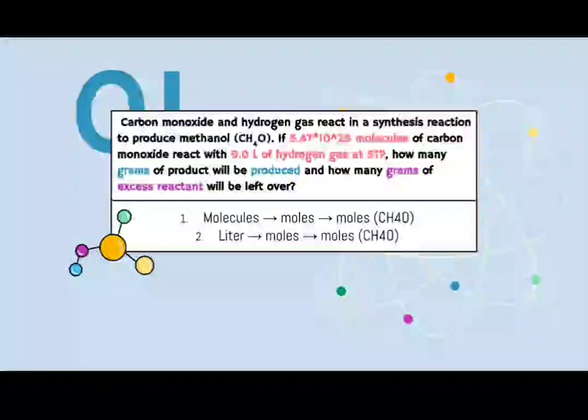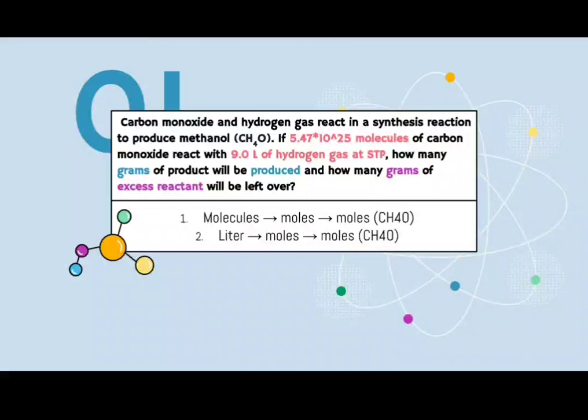Carbon monoxide and hydrogen gas react in a synthesis reaction to produce methanol. If 5.47 times 10 to the 25th power molecules of carbon monoxide react with 9.0 liters of hydrogen gas at STP, how many grams of product will be produced and how many grams of excess reactant will be left over?